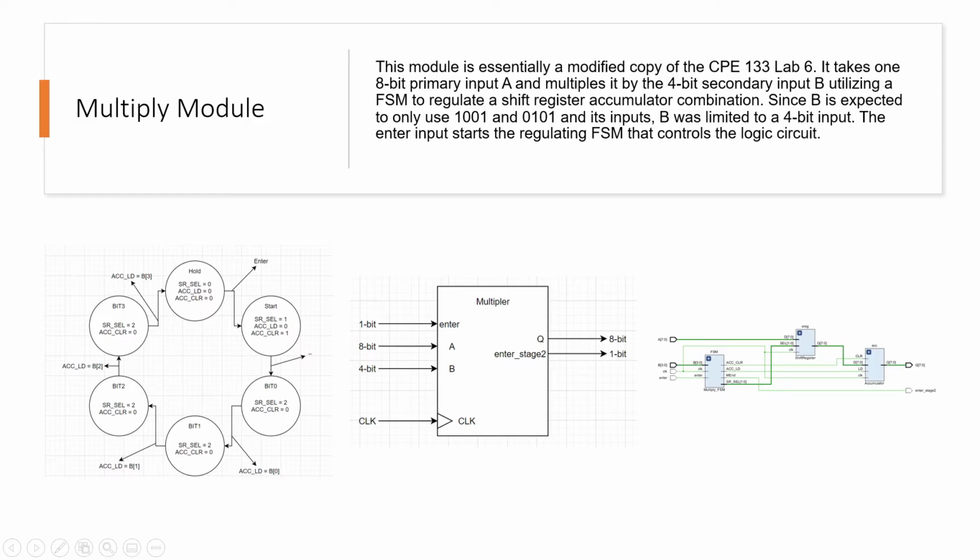The way that this module functions is by taking in two inputs, one 8-bit input and one 4-bit input. The 8-bit input is put into a shift register where it is left shifted each clock rising edge, about 4 times, until the FSM, or the regulating state machine of the multiplier module, has gone through all of the bits of the inserted B value.